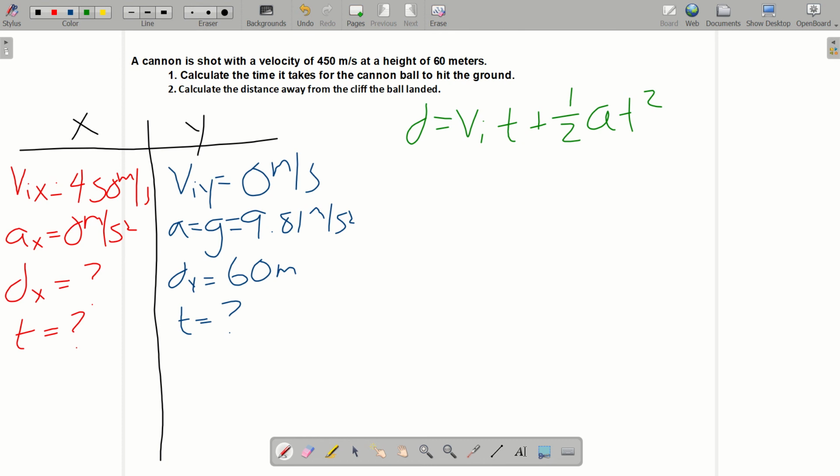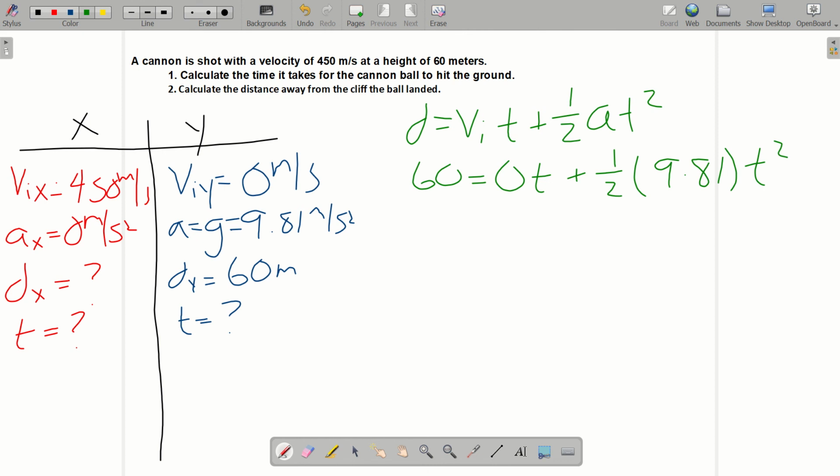So that's why it's really important to separate the x and the y so you're not getting confused with all this information. So we have d is 60, Vi is 0 times our t plus 1/2 gravity, 9.81 t squared.